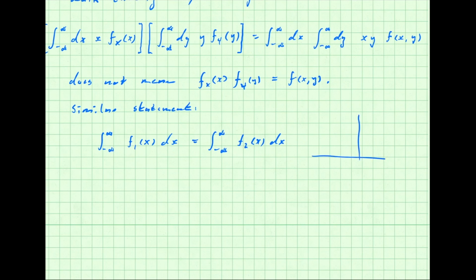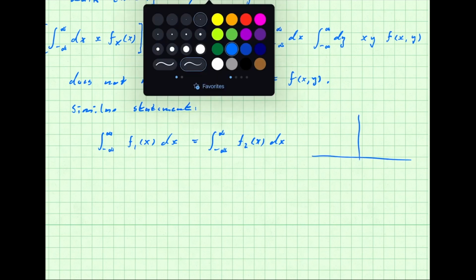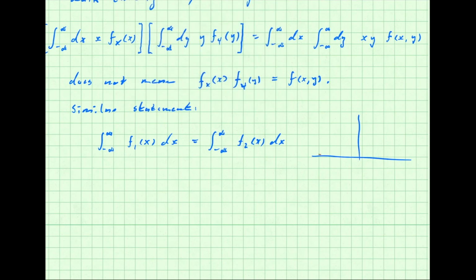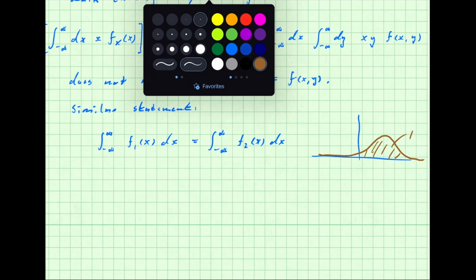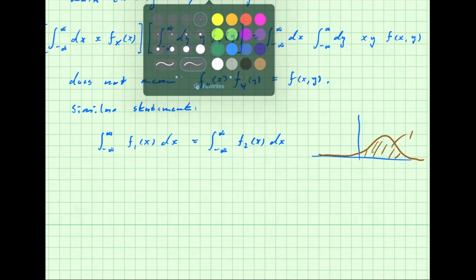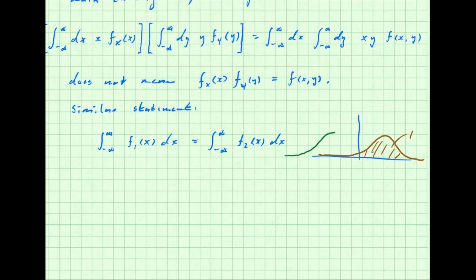You could have, let's say, this is f1, and it's normalized, so it obeys the honesty condition, so that this area is 1. And then you could have another function, like this, which is the same function just shifted over, and it has area underneath it of 1 as well.